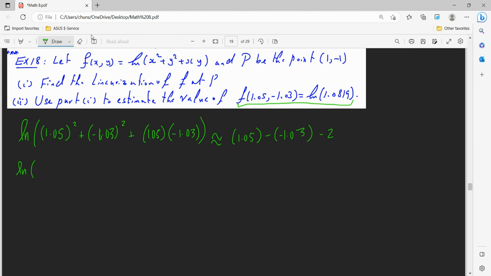Oh, sorry, this is supposed to be minus. And this is supposed to be 1.0819. And this is equal to, using our other side, 1.05 plus 1.03 minus 2, and this is 0.08. Right, so that would be our answer for this part of our question.